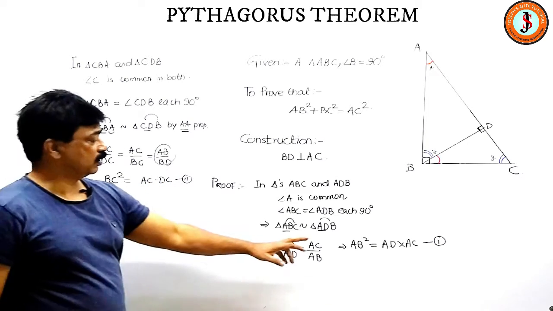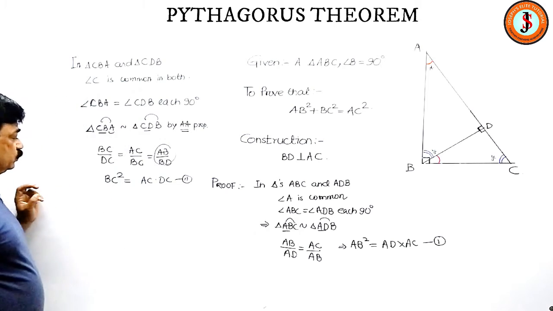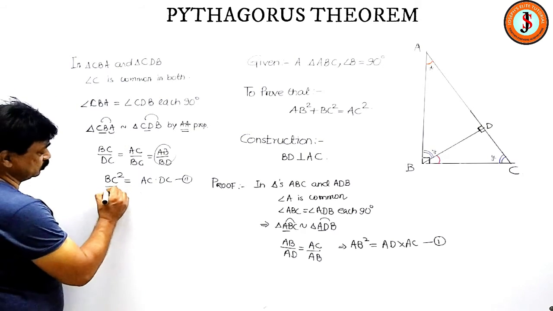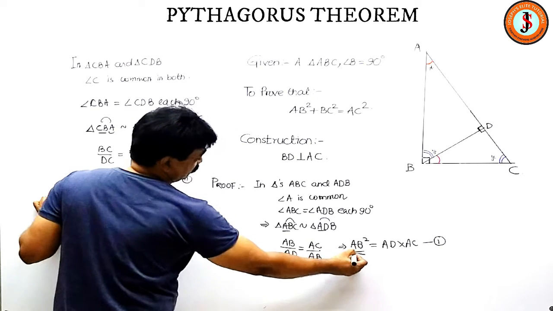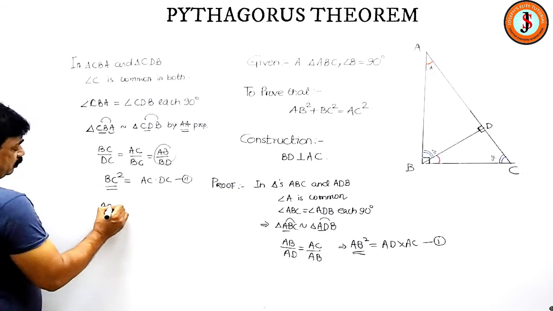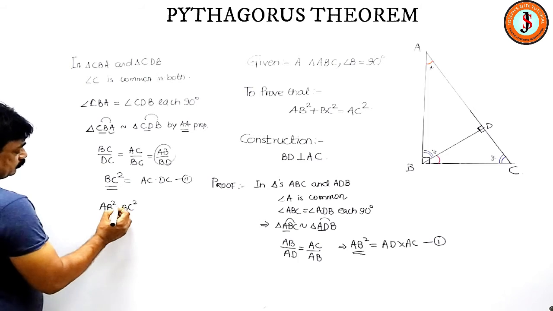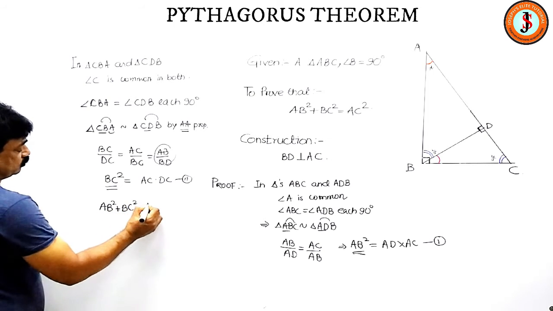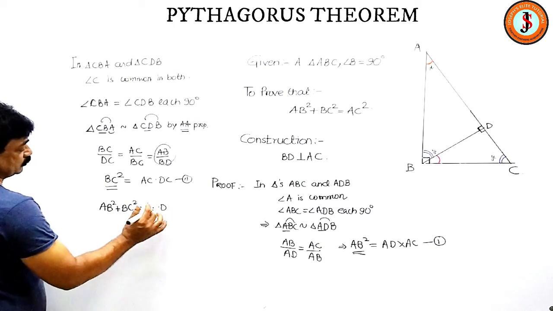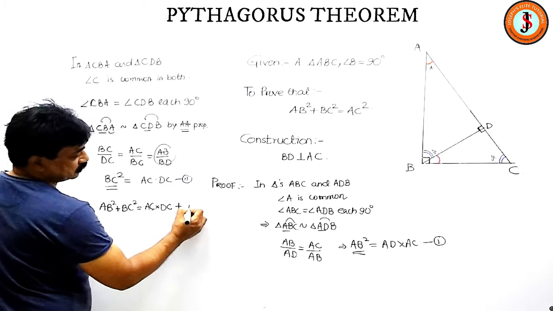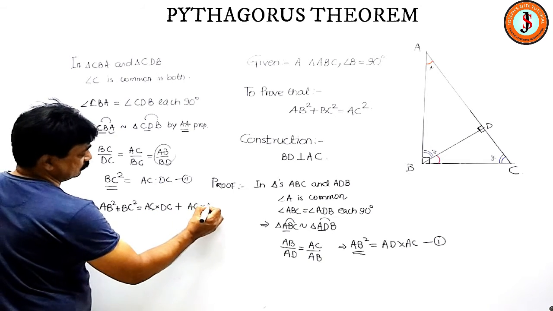So from equation 1 and equation 2, adding both of them, adding equation 1 and 2. So AB square plus BC square, so that I will write in order. AB square plus BC square is equal to AC into DC plus AC into AD.